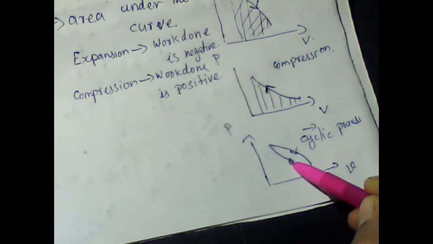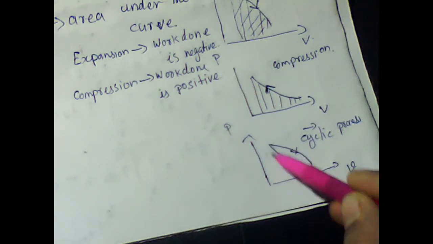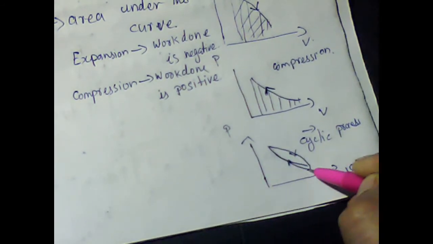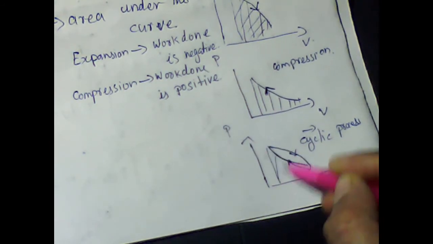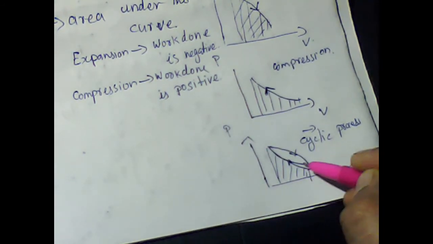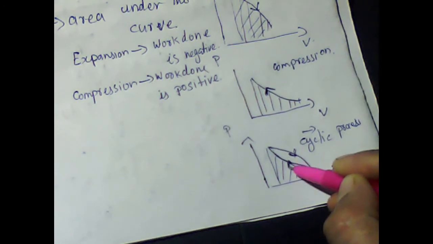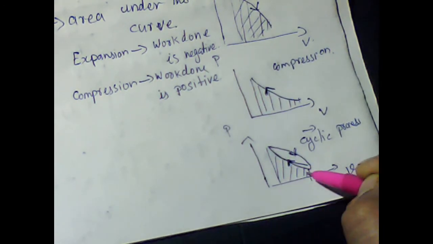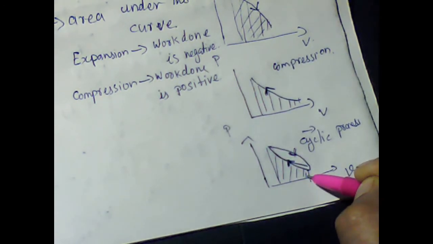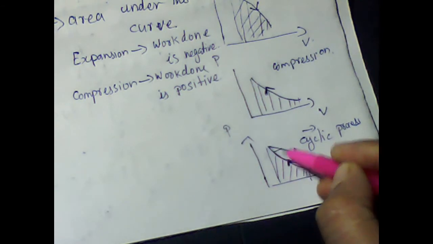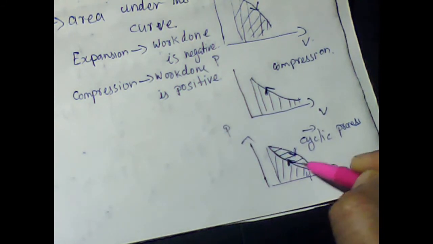Since one is in the opposite direction of the other, the area here is common to both the expansion and compression, so the net area here will be cancelled. So the remaining will be the area inside the cycle, or area inside the curve.